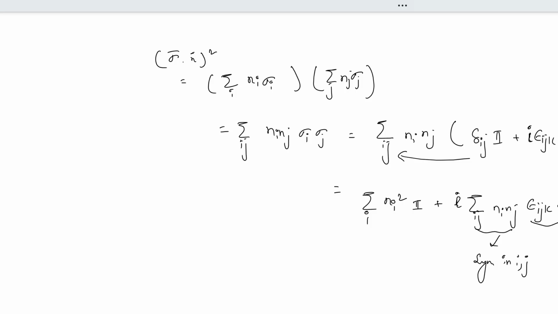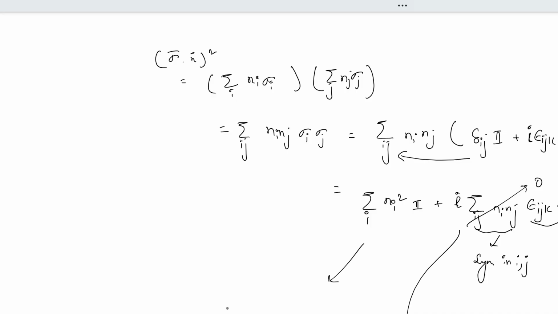But the other term can also be j equal to 1 and i equal to 2. Then you have n_2 n_1 epsilon_213 sigma_3, because the summation gives you these two terms. Now the first is plus 1, so this is plus n_1 n_2 sigma_3, plus the other is minus 1 because its order has changed, but n_1 n_2 is the same as n_2 n_1, so this gives you 0. That means this product term, under the summation, becomes 0, because one part is symmetric and the other part is antisymmetric.